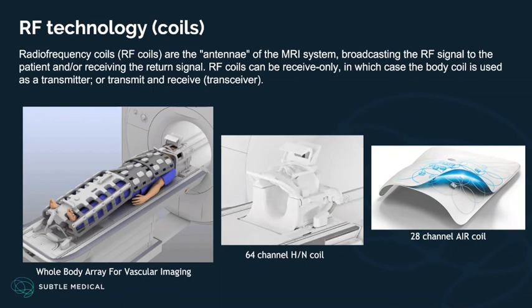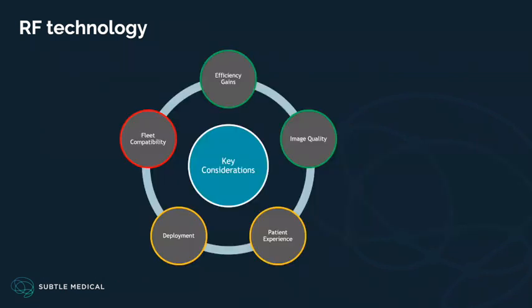So you can think about this as a library of coils available for the users to choose from. And it does lead to efficiency gains, because when combined with software technologies available like parallel imaging and compressed sensing, it gives you efficiency gains as well as improvement in the image quality.